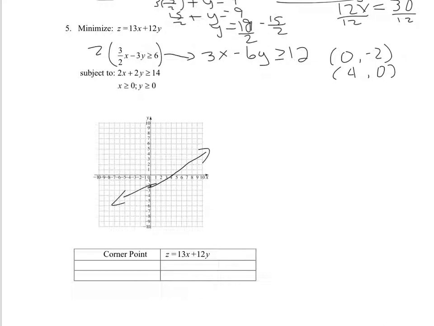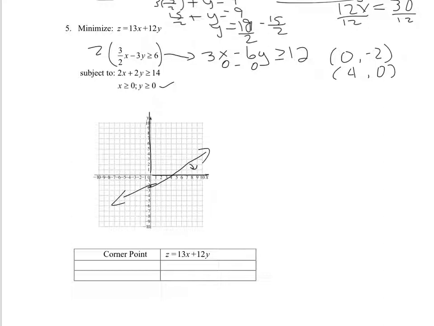And since we wanted 3x minus 6y to be greater than or equal to 12, testing (0, 0), we can see 0 minus 0 is not greater than or equal to 12, so we don't want to shade above this line. We're going to want to shade below this line. And this right here tells me I'm going to be in the first quadrant, so that's why I'm going to put the arrow where it is.